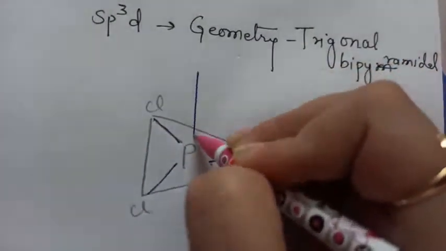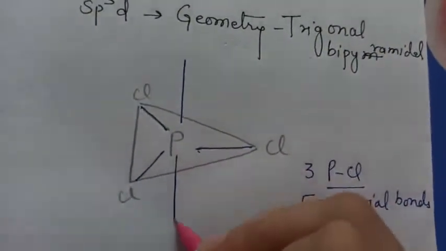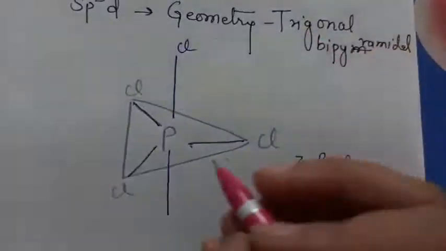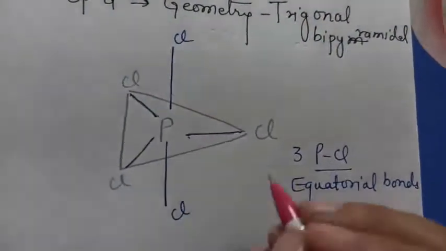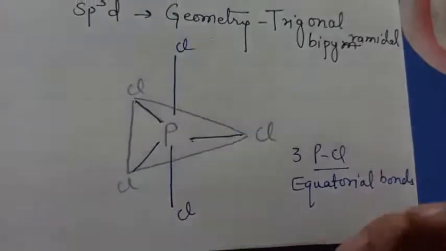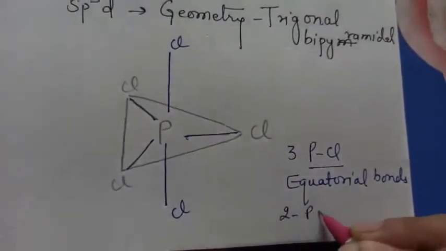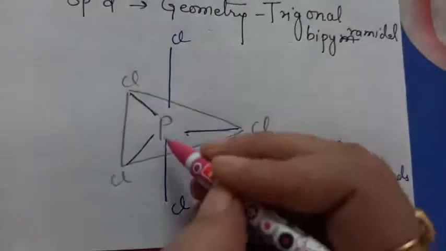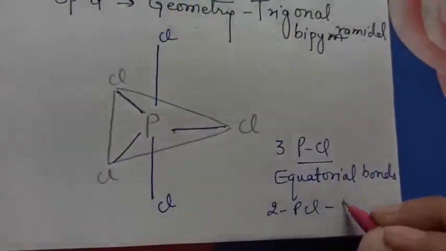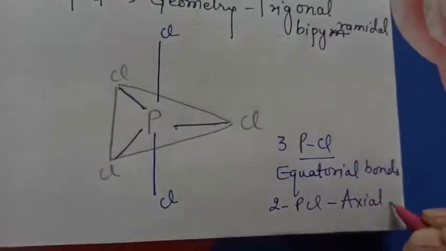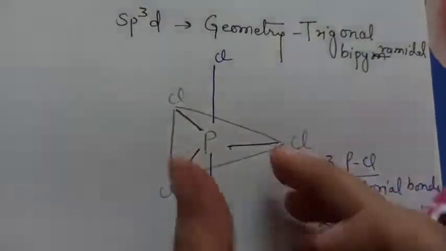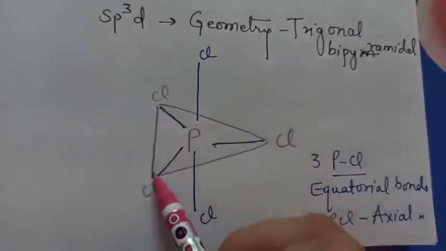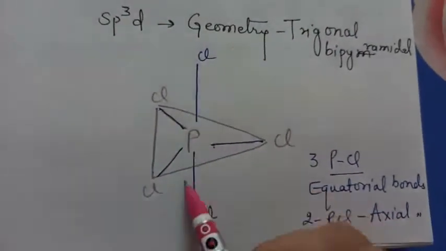And there are 2 perpendiculars like this which have chlorine. So these 2 PCl bonds, ये PCl और ये PCl, these 2 are called as axial bonds. So this geometry is called as trigonal bipyramidal.